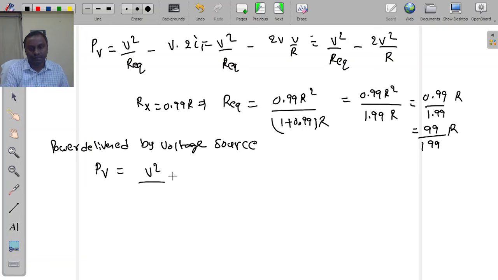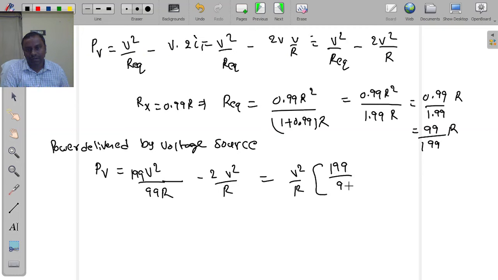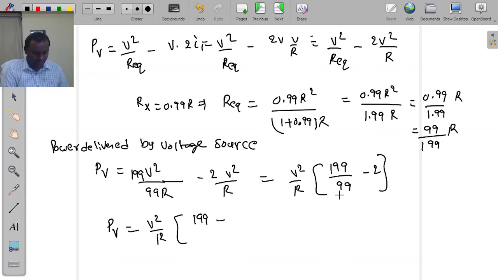That means this will become 199 divided by 99 R minus 2 V square divided by R. So that V square divided by R, you can take it common, 199 divided by 99 minus 2. When you take the LCM, you are going to get V square divided by R, 199 minus 2 times 99 will become 198 divided by 99. So 199 minus 198 is 1 times, so V square divided by 99 R.